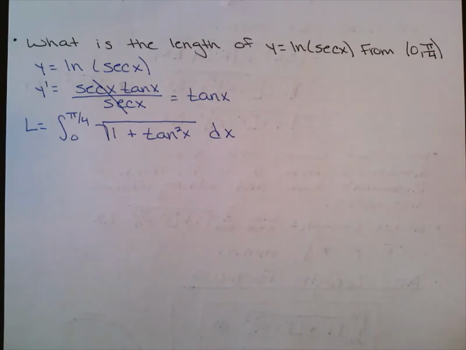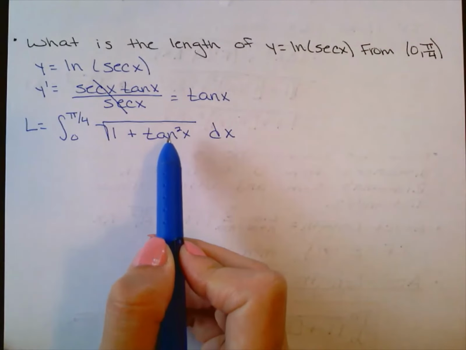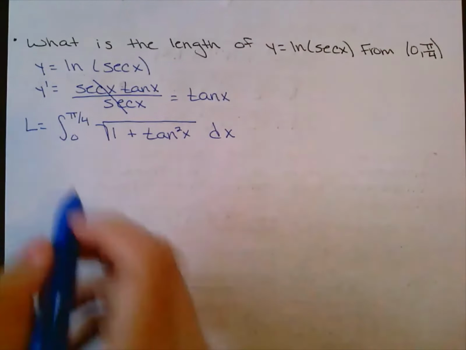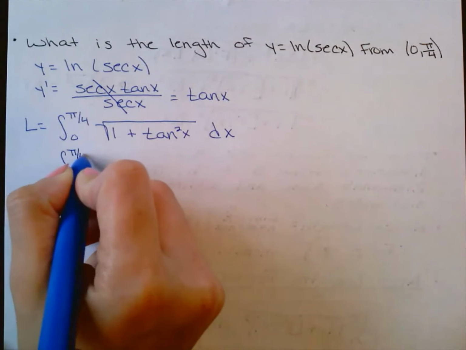This is an example of a question that would be on a non-calculator section of the AP test. And I'm bringing this up because they love to do this to you. They love to make you recall your Pythagorean identities, okay? If you catch that the inside of this function is 1 plus tangent squared, and that Pythagorean identity equals secant squared, then you should have no problem finishing this off, right?